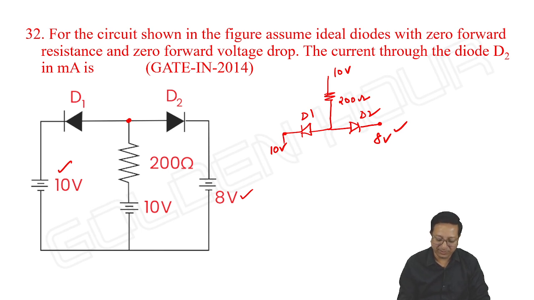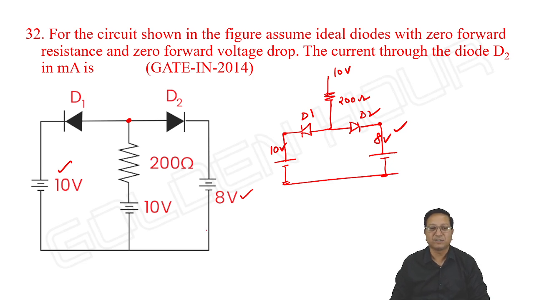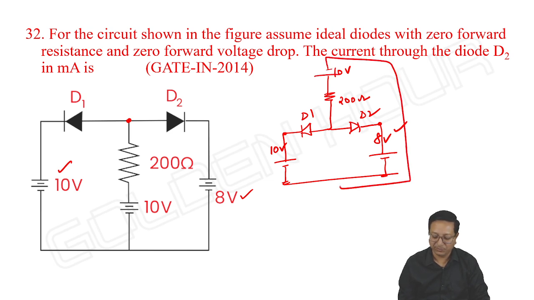Here 10 volts means positive and negative supply, and 8 volts means positive and negative supply. Of course, these two will join, and the negative comes here, it's the ground. Anyway, only D2 conducts and D1 does not conduct.